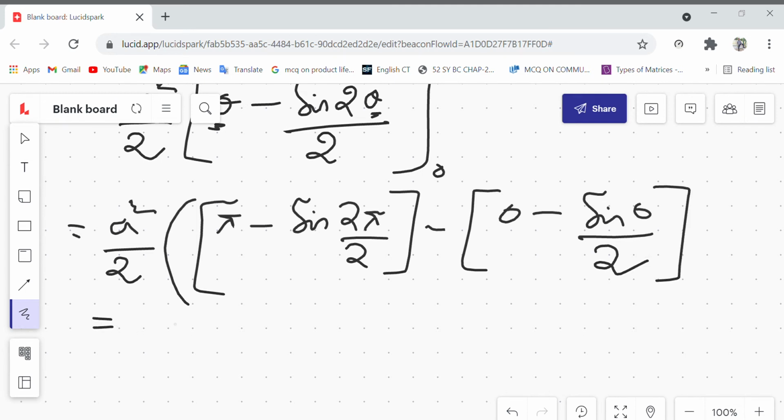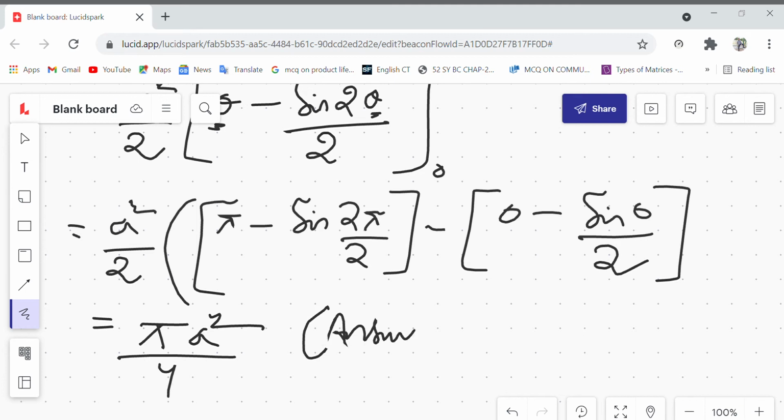It will be pi divided by 4. Okay, so this is the answer, pi a square divided by 4.